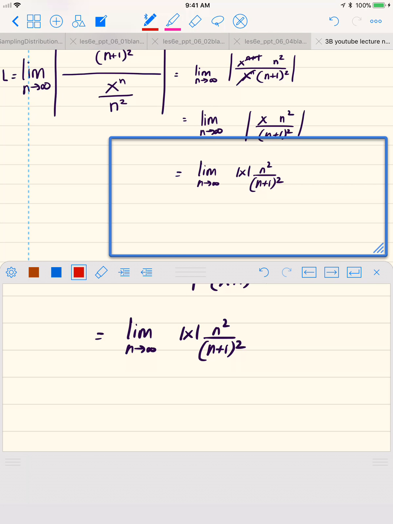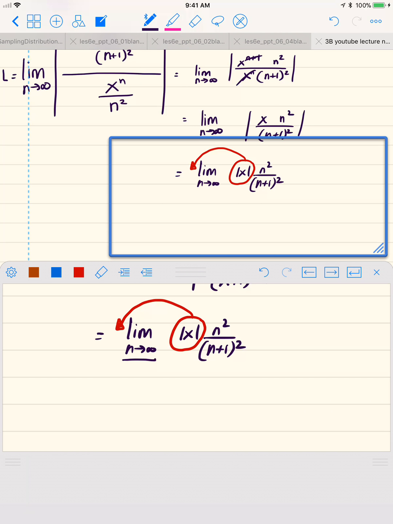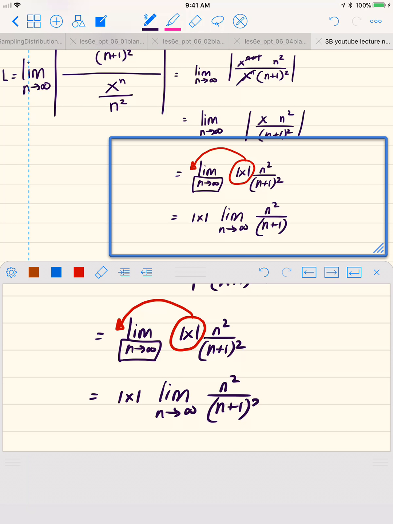Now the next thing I can do is pull this absolute value of x to the front. Since the absolute value of x is not involved with the limit as n goes to infinity, we have the absolute value of x times the limit, n goes to infinity, n squared over n plus 1 squared.